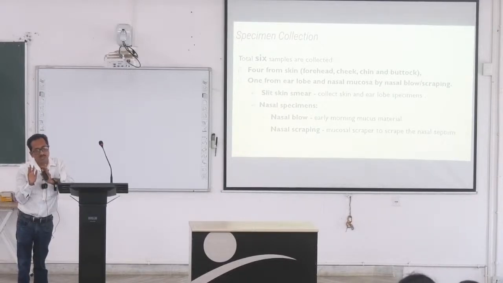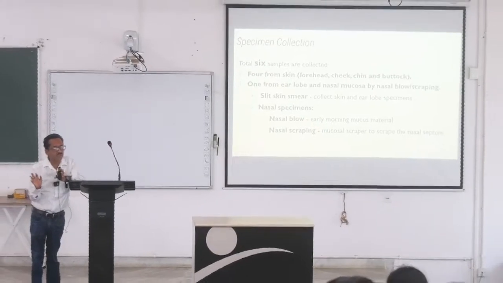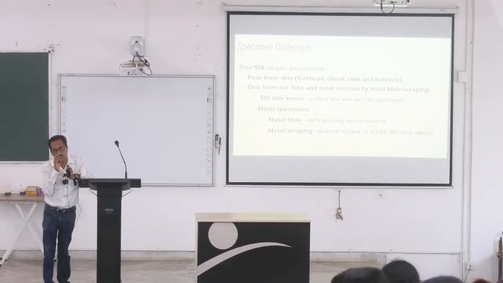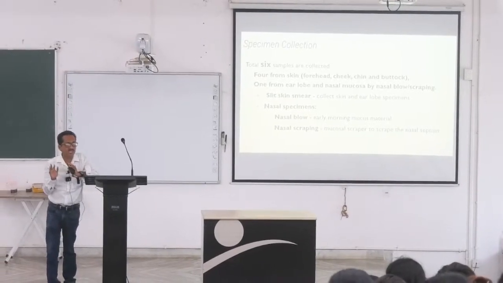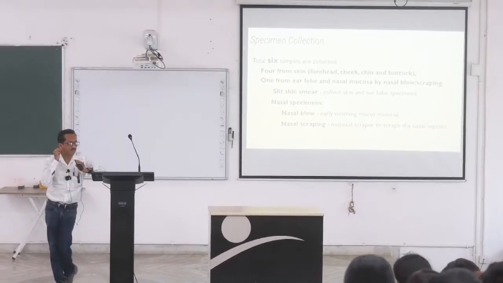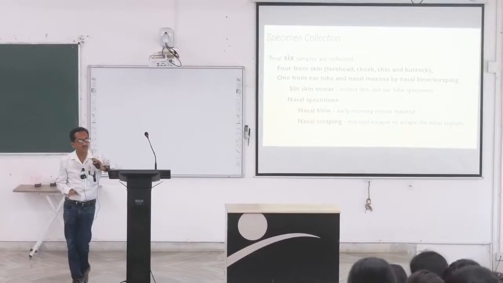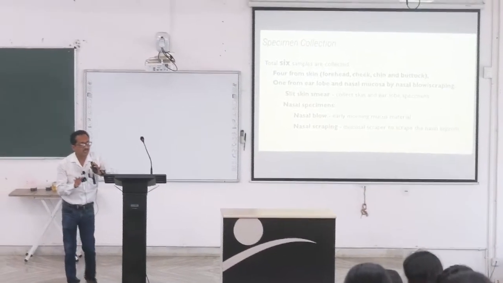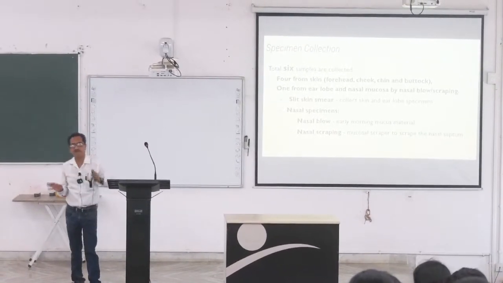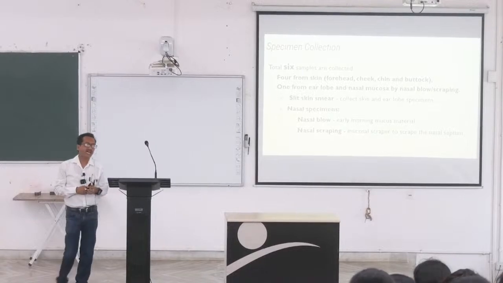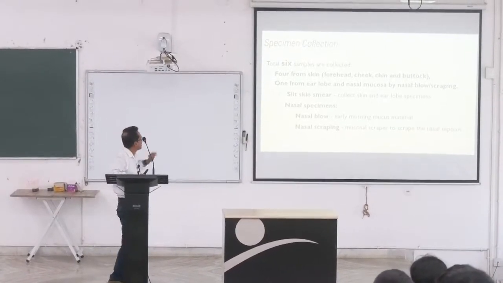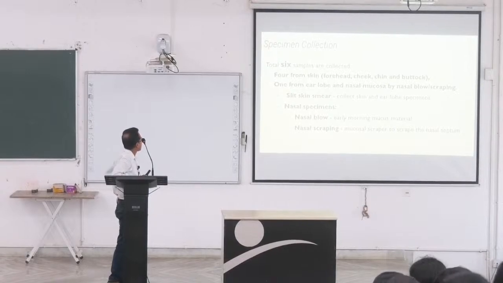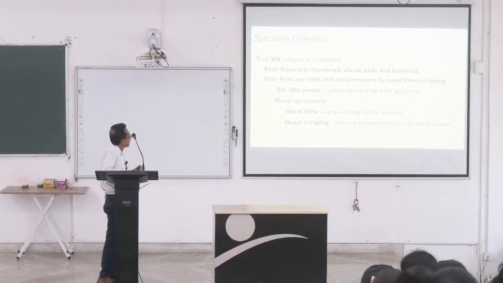If there is no lesion in the ear lobule or nasal symptoms, you have to take samples other than skin lesion, from the ear lobule and also from the nasal mucosa. So these are the at least 6 samples: one from the ear lobule, nasal mucosa by nasal blowing or scraping, and 4 from the skin.